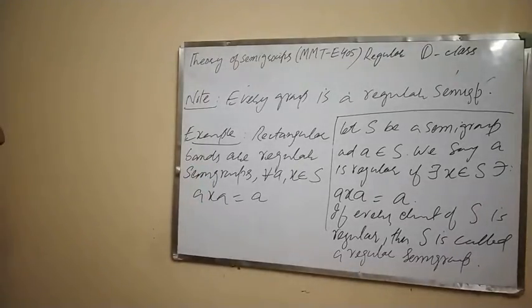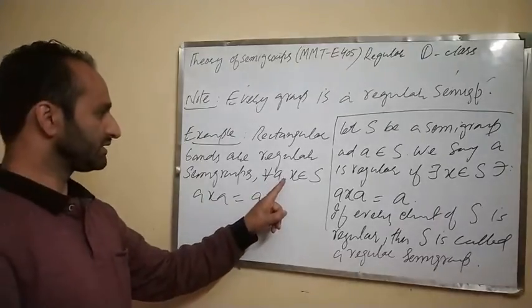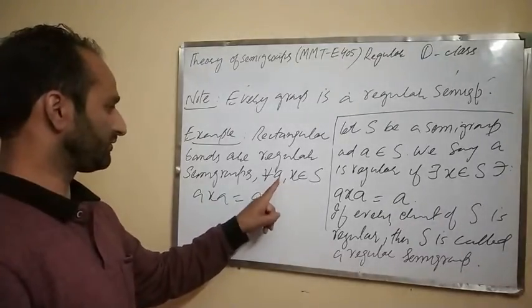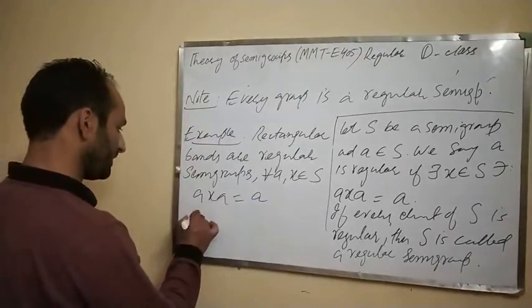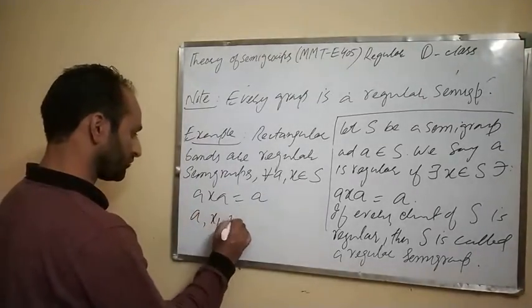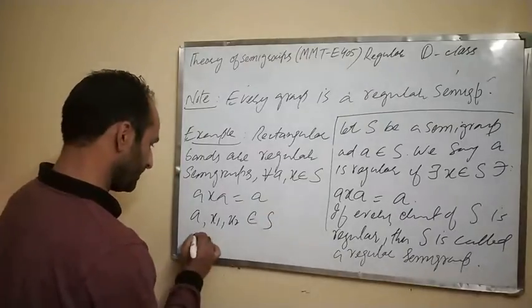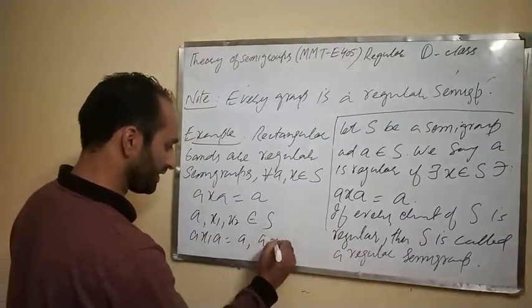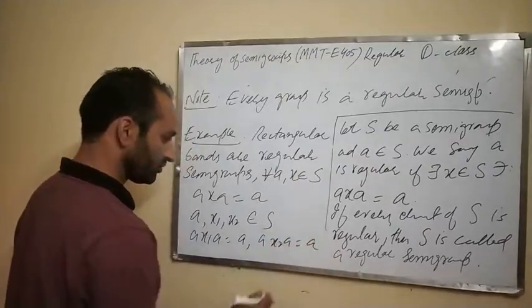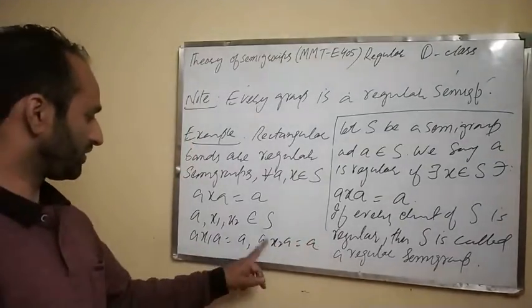Why is it not a group? Suppose we have a, x1, x2 as three elements in S. Then a x1 a is equal to a and a x2 a is equal to a. So there are two elements x1 and x2 for this particular a.